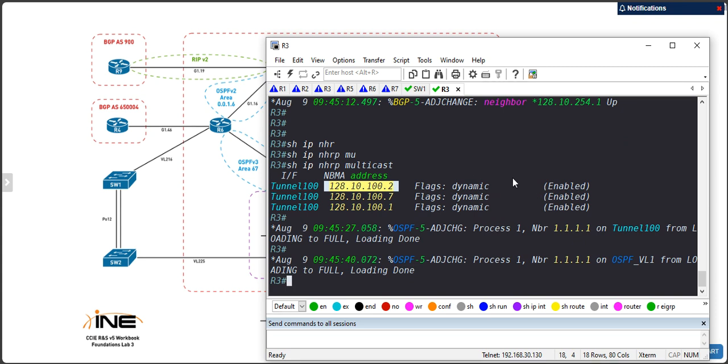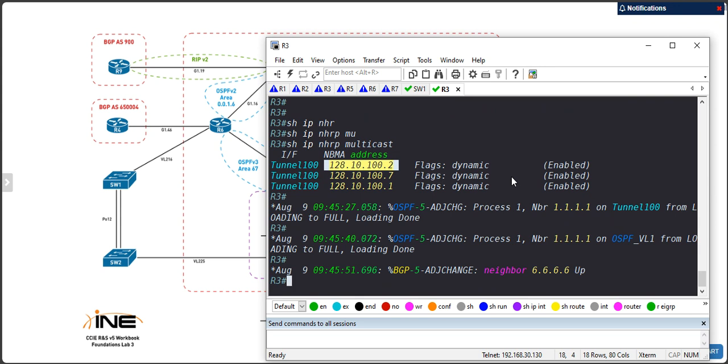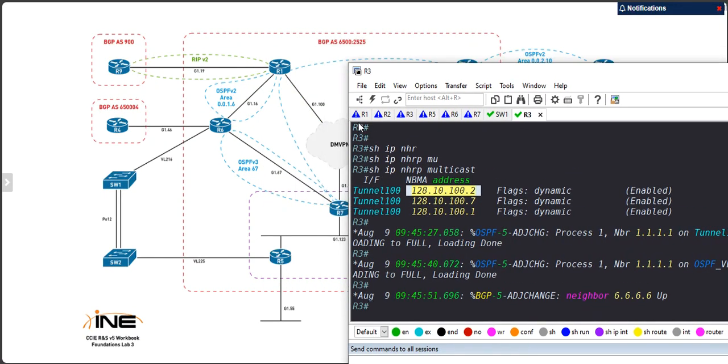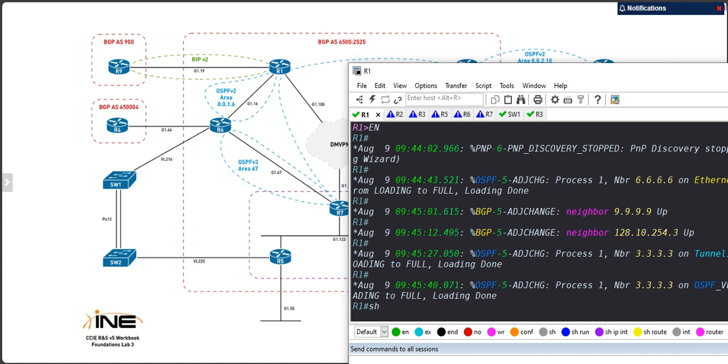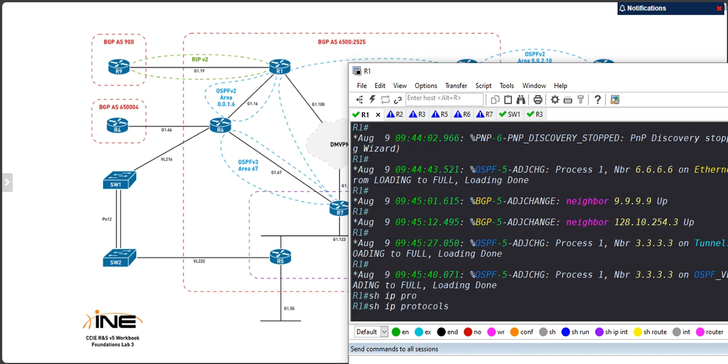Let's configure and enable label distribution LDP. Spoke R1, we have OSPF. Show ip protocols.